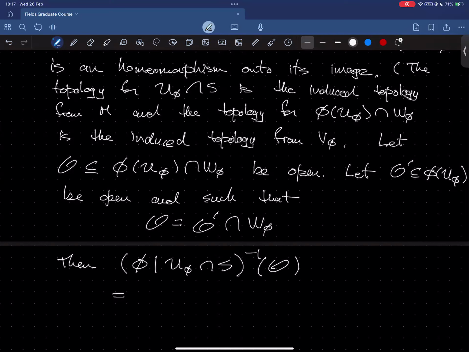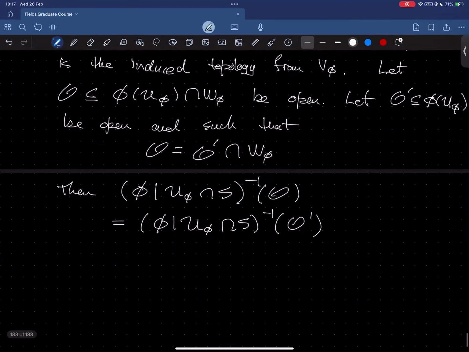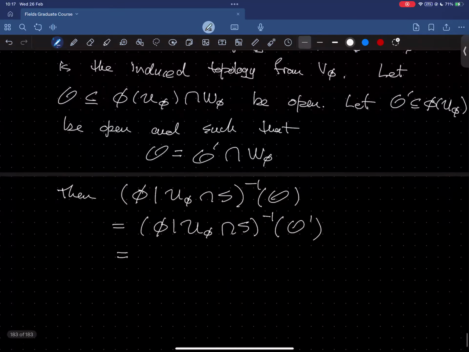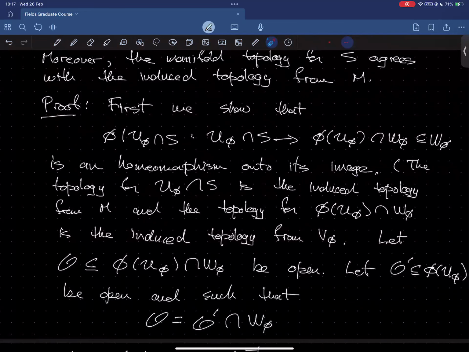It's going to be phi restricted to U phi intersect S, inverse of O prime, and by definition, when it takes the preimage here, it's going to map it into there.